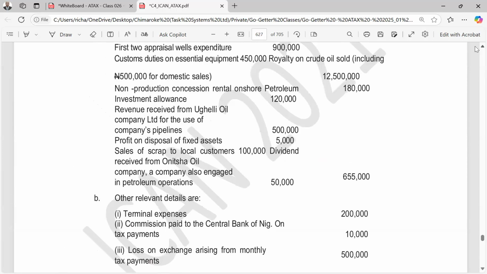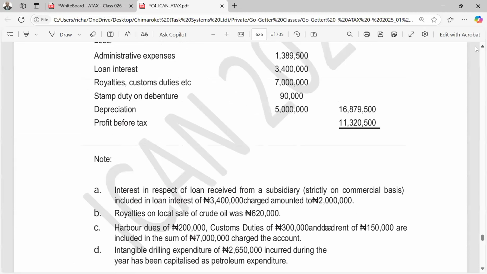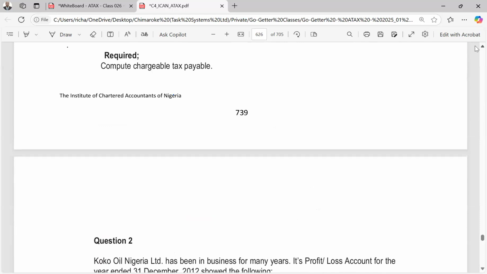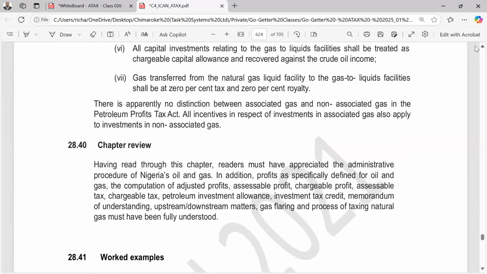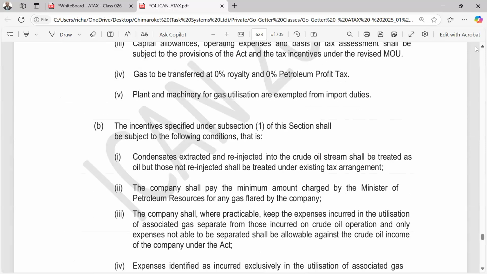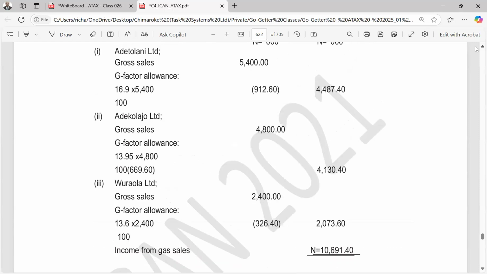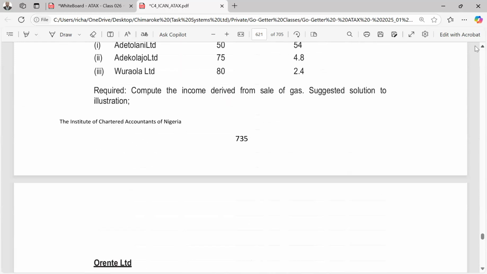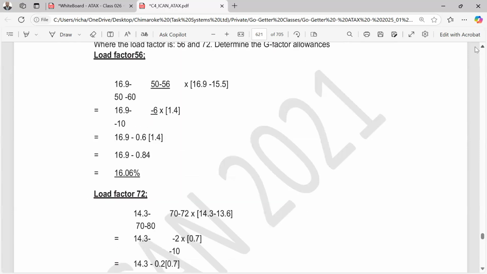I think we'll be able to just take one from the question there and see how it is being treated. I just saw oil and gas now. Question 3. There was one that was treated here. Okay, let's look at this so that we know what to do.